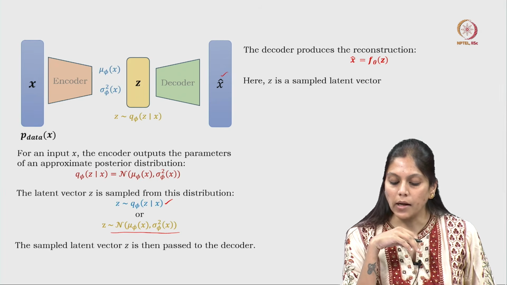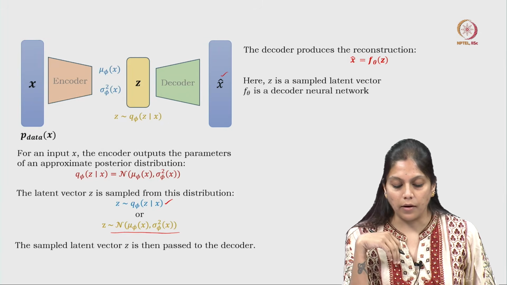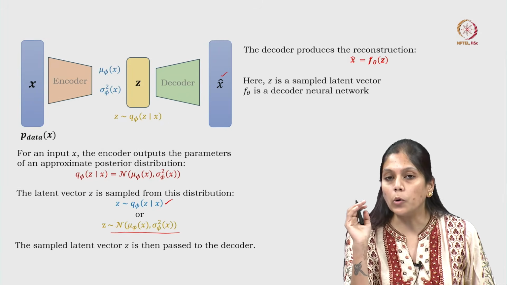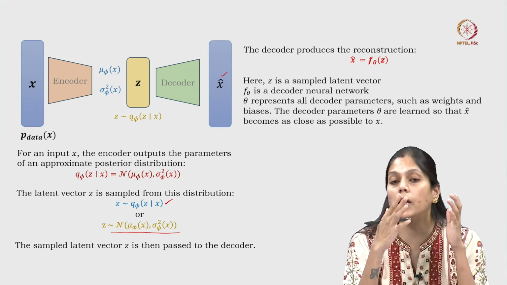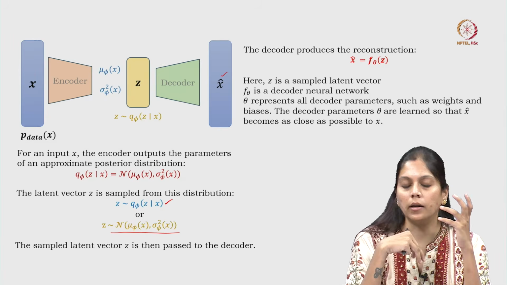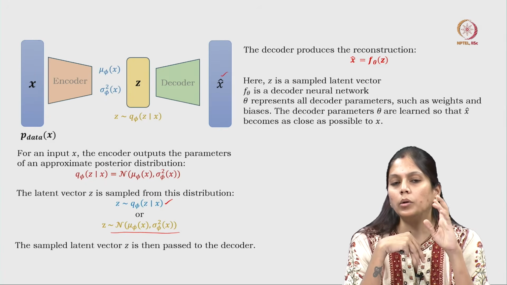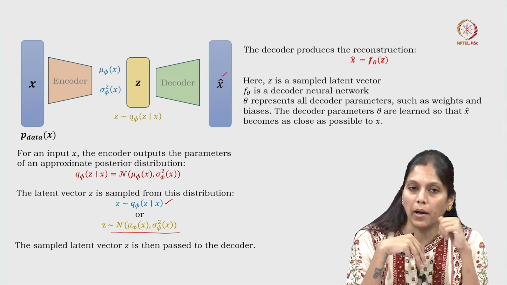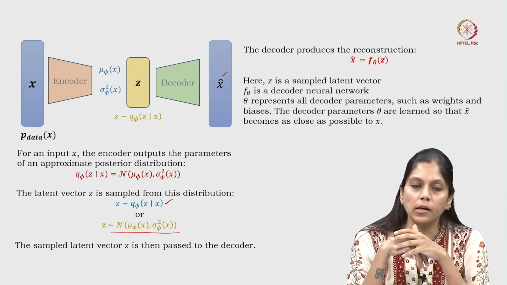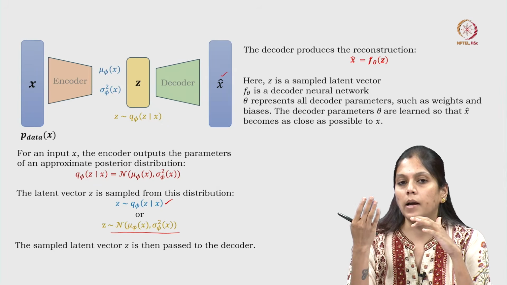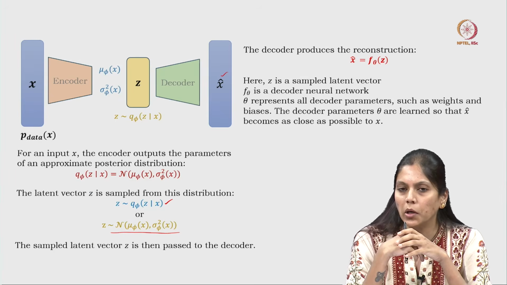Z is a latent vector, f theta is the decoder neural network, and theta represents the decoder parameters. These decoder parameters are weights and biases, which are the learnable parameters. Once you update these parameters, definitely x hat, the reconstructed value, becomes closer to the original input.